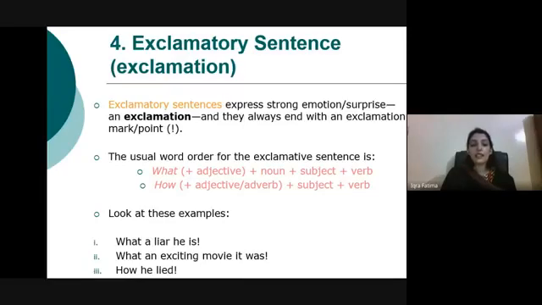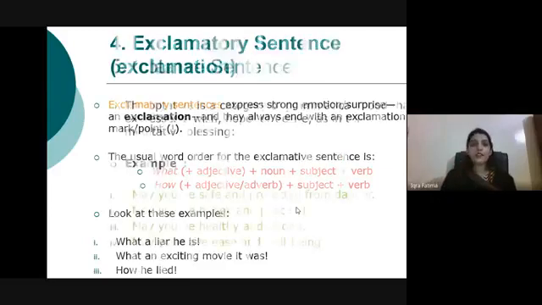How exciting, adjective, the movie subject, and was is the verb. So exclamatory sentences are those sentences in which you share your feelings, and you can start these sentences with what or how, and you can add adjectives or adverbs with them, and then you can write subject and verb.